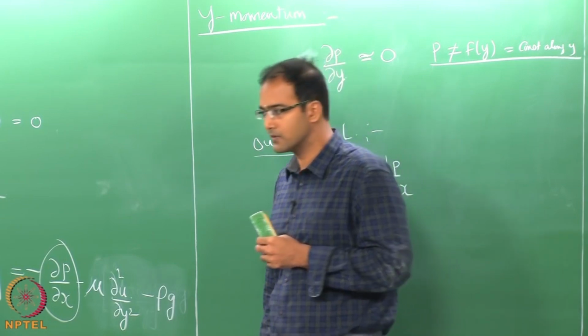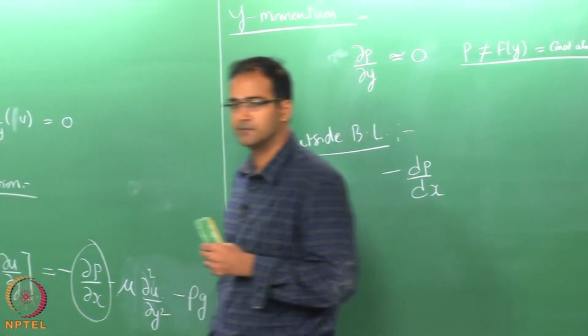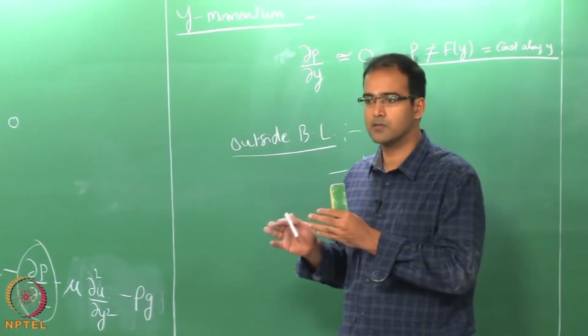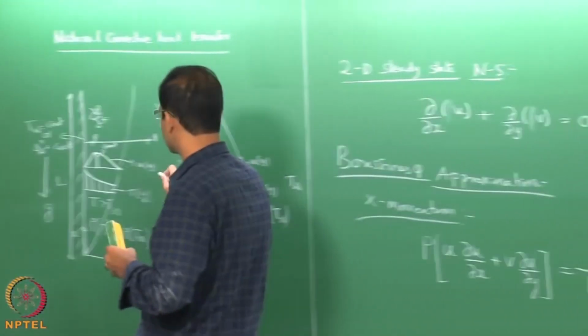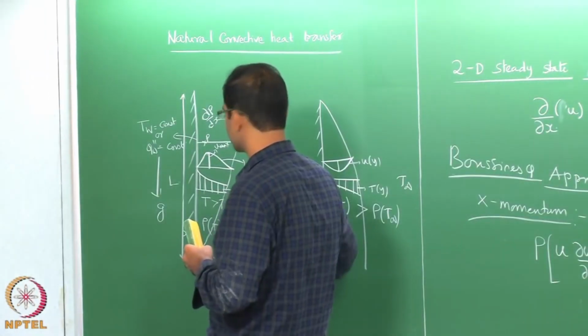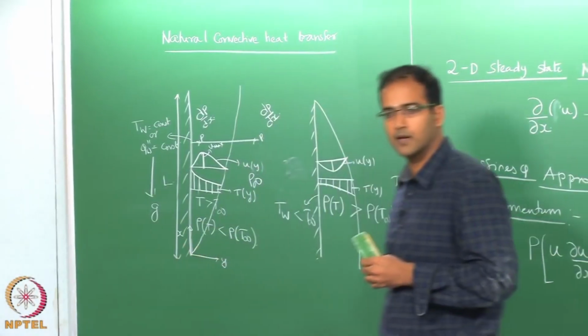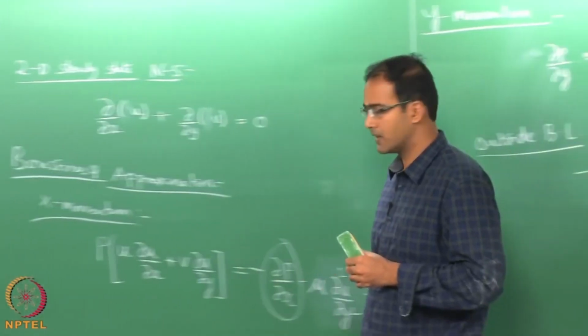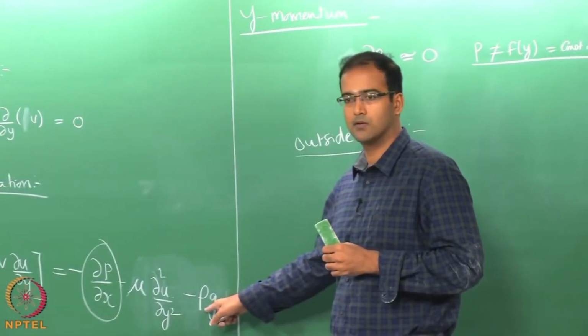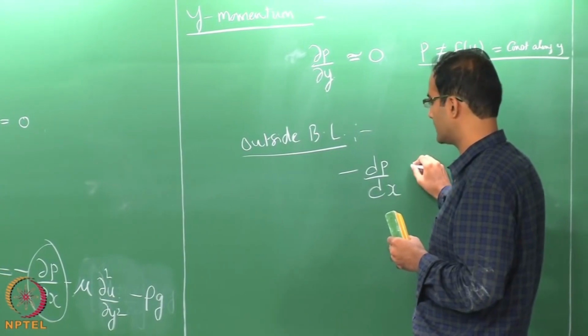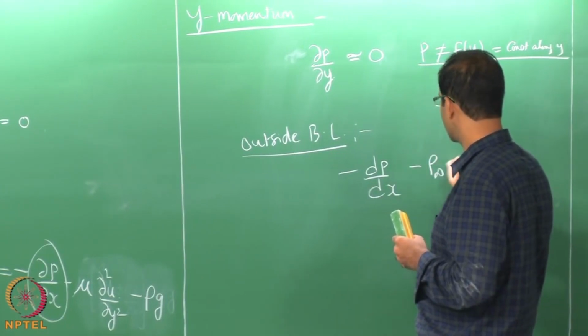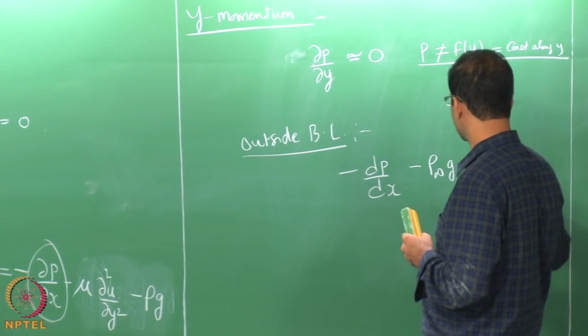But we will distinguish the density within the boundary layer from outside. So, we will express the density here as rho infinity. Outside the boundary layer we will use rho infinity, therefore we will write this as minus rho infinity g is equal to 0.